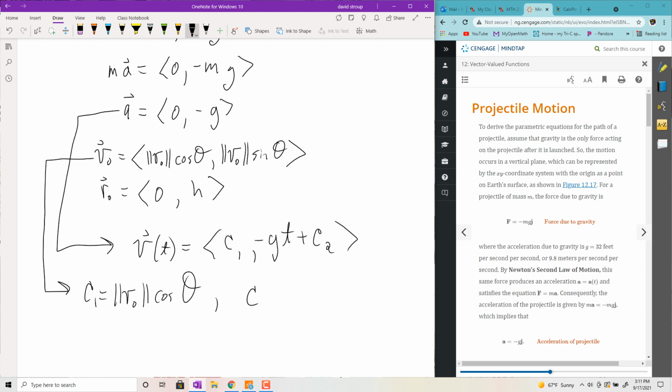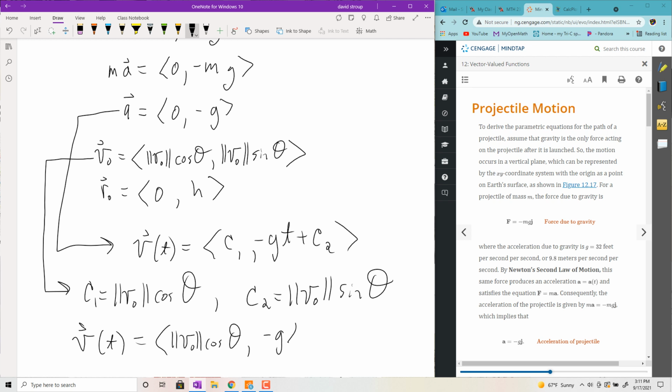So you'll just have c2 equaling v sub 0 sine of theta. Okay, so we could rewrite our velocity vector as c1, which is v sub 0 cosine theta, and then negative gt plus c2, which is v sub 0 sine theta.